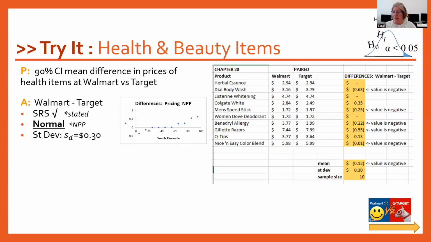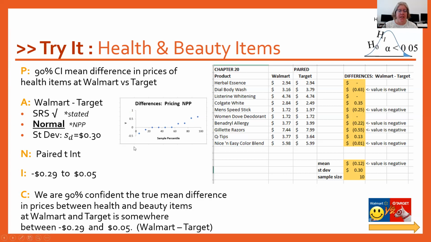So that is going to be 0.3 or 30 cents. Because we have this paired data, we have a paired t-interval that we're making. And when I calculated this, and I'll show you in just a little bit how to get those calculations, I got somewhere between negative 29 cents and 5 cents, okay, is the difference in the price for these items.